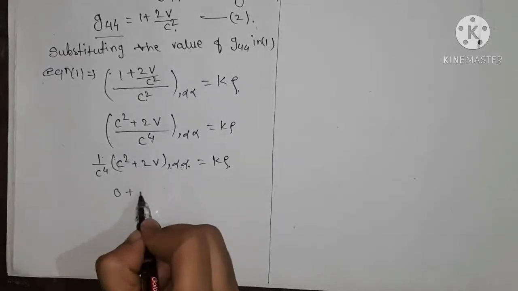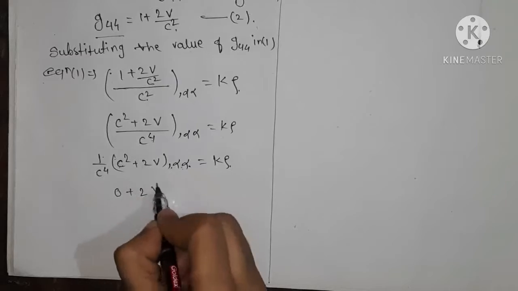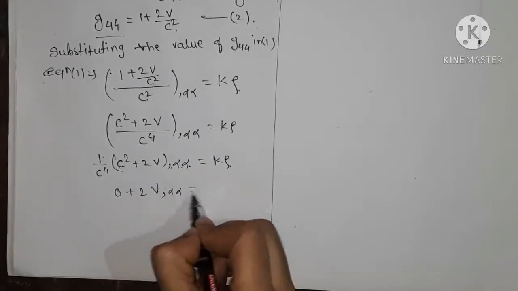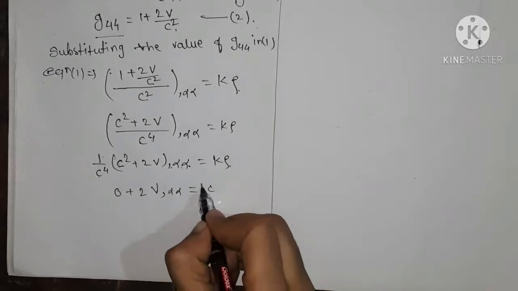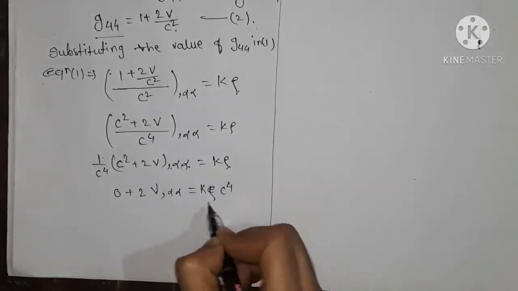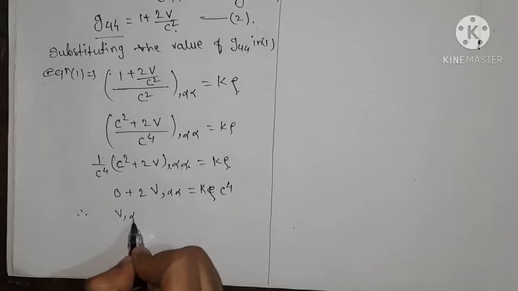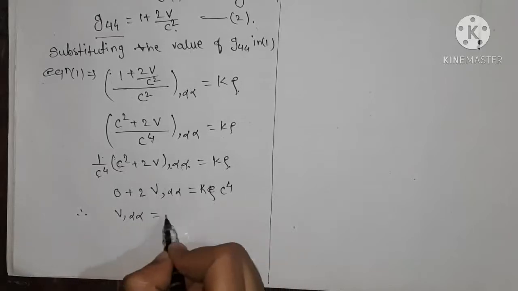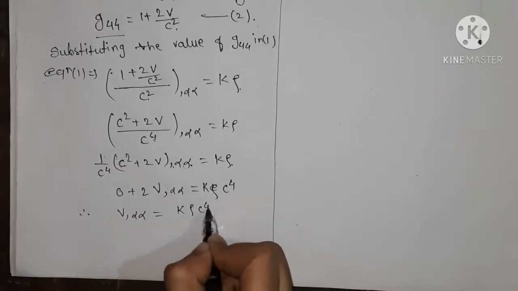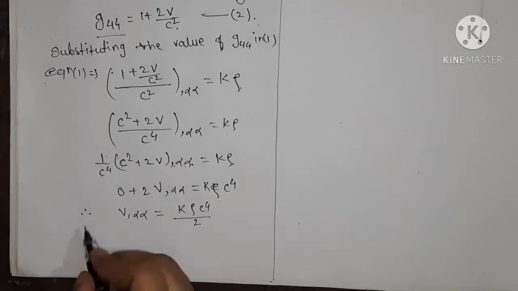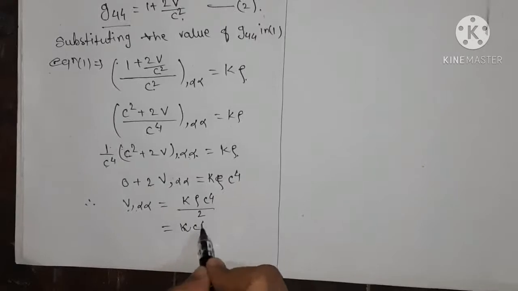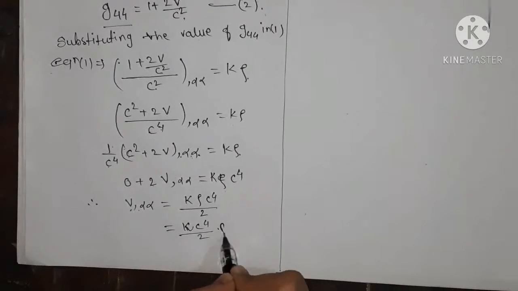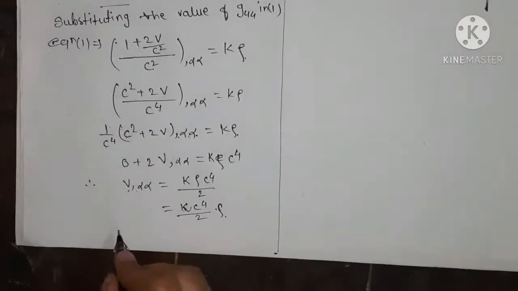So 0 plus 2, which is also constant, times V comma alpha alpha, is equal to K rho c to the power 4, and this 2 goes to the other side, so V comma alpha alpha is equal to K c to the power 4 upon 2 into rho.